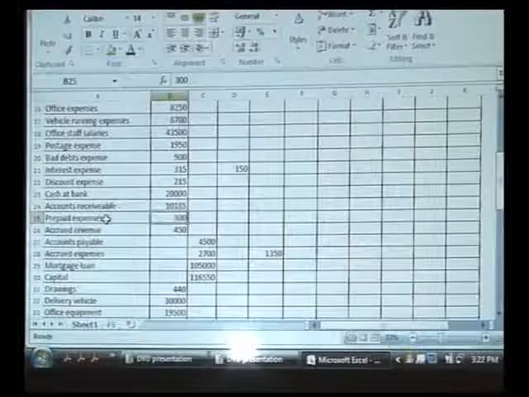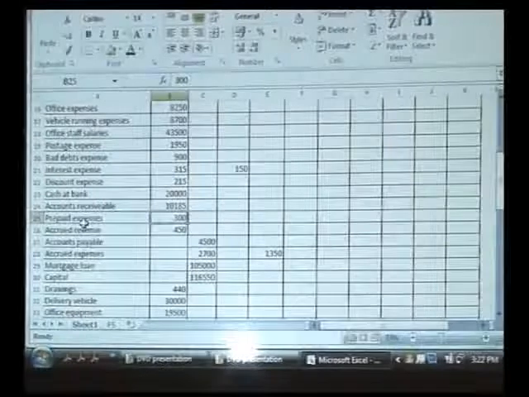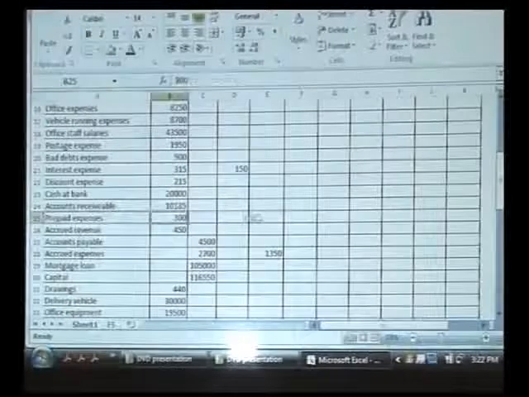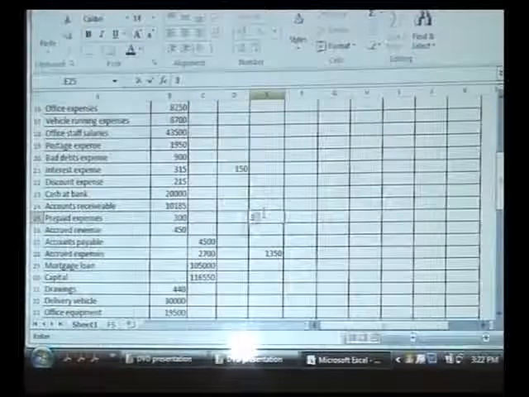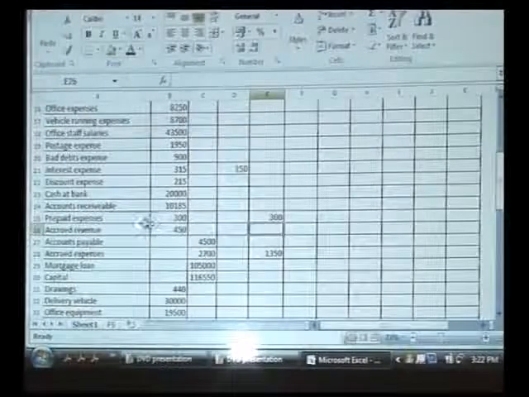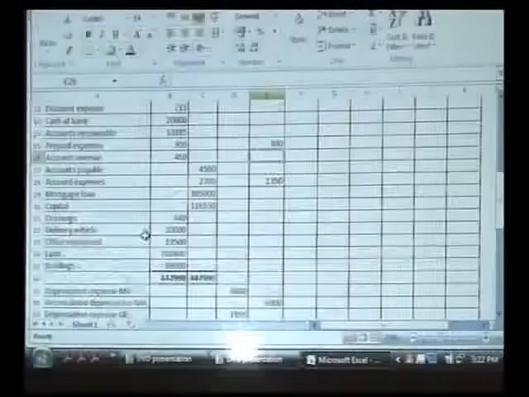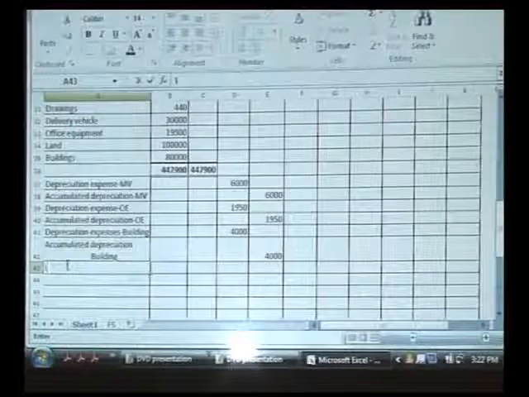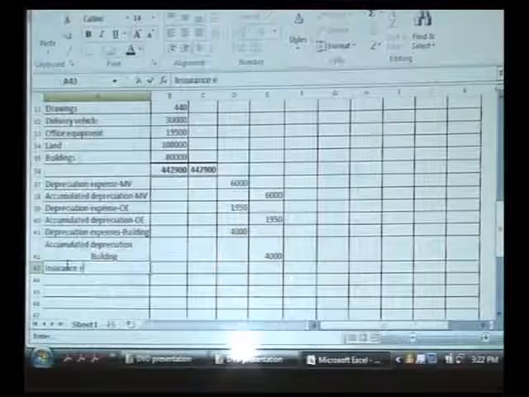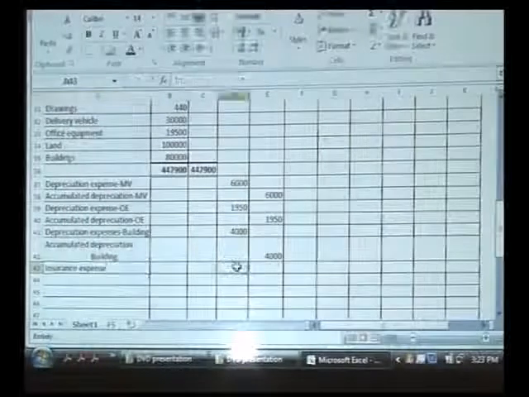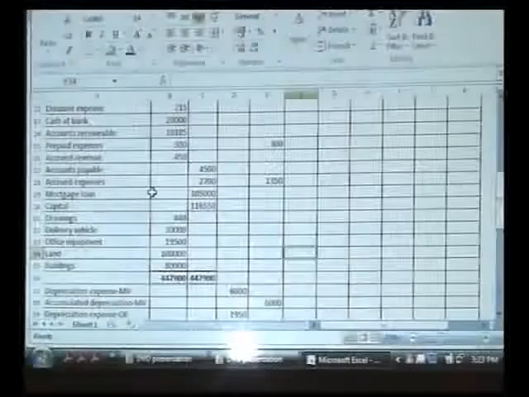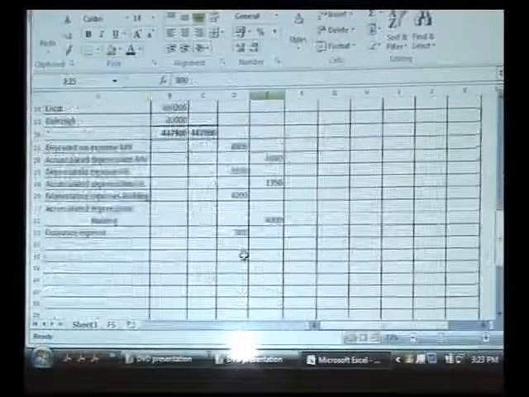This represents the insurance expense prepaid, and 300 expired, meaning credit prepaid expense account, and debit that amount to insurance expense account. Debit 300. So eliminate prepaid expense and create expense account.